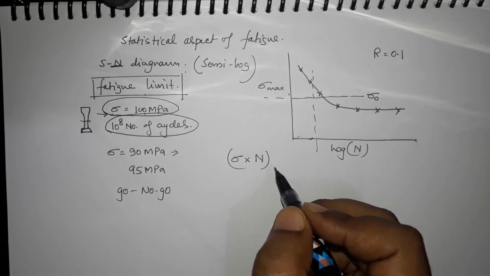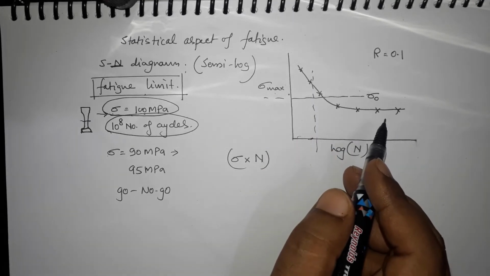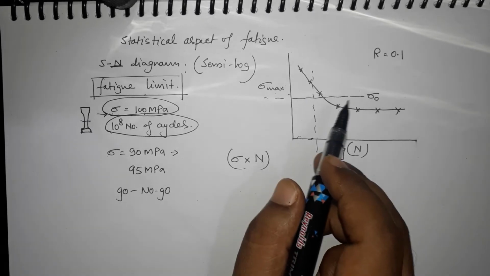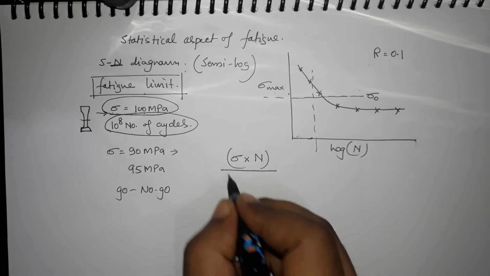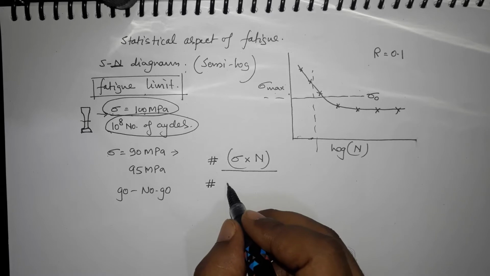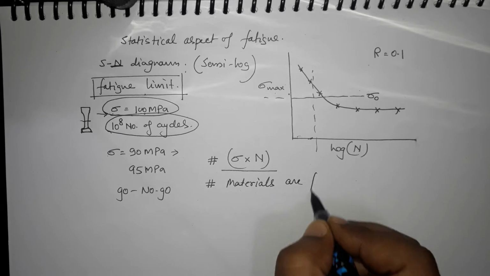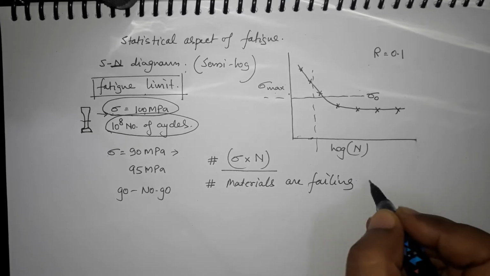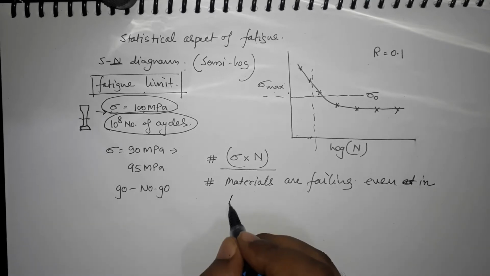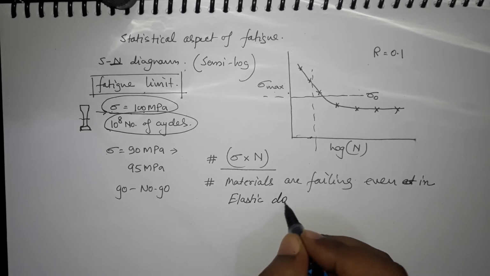That kind of behavior is also visible from this plot. Now coming back to the statistical question, these are the two things which you should think about at this point of time. One is this, and another is that materials, especially metallic materials, are failing even in the elastic domain of deformation.